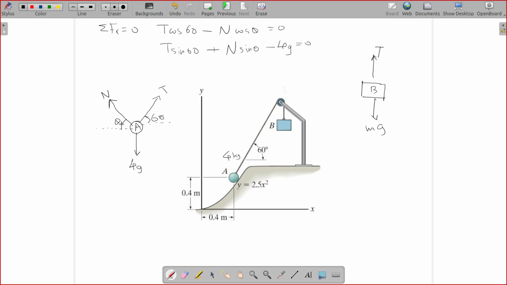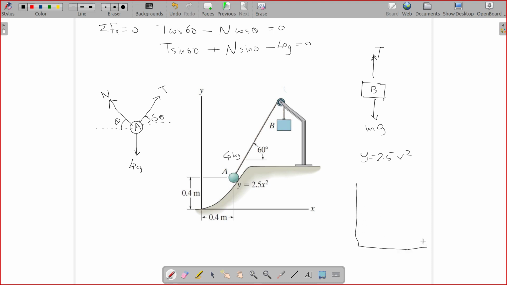Now the only question here is, how do you calculate theta? That's also not difficult, because the equation of this curve is given. That is y equals 2.5 x squared.